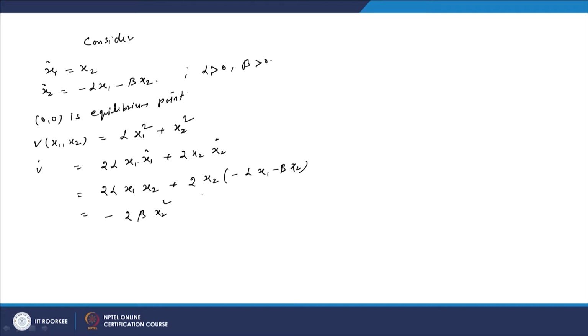So here v dot is negative semi definite. This implies stability.